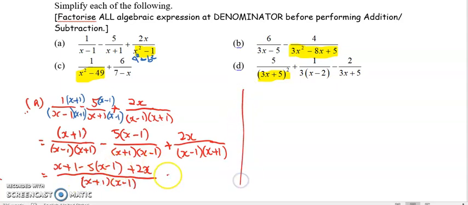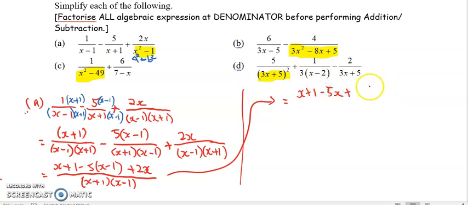I'll continue over here: x plus 1 minus 5x plus 5. Take note, we are using negative 5 multiplied by negative 1, therefore it becomes a plus 5. And plus 2x.